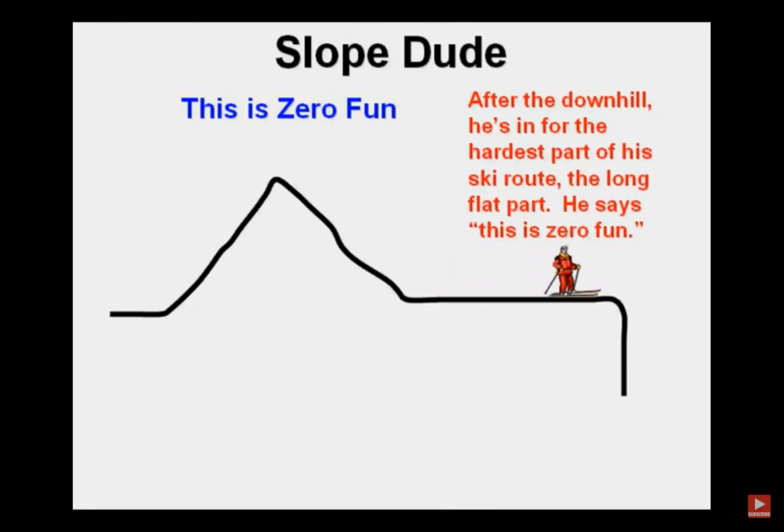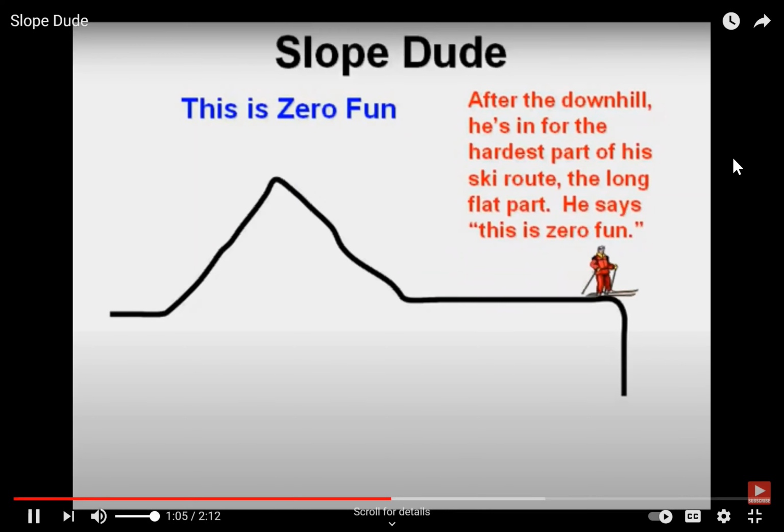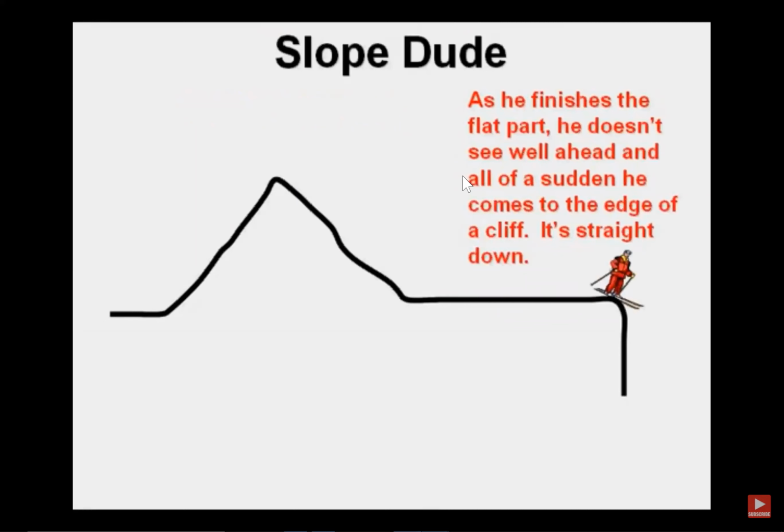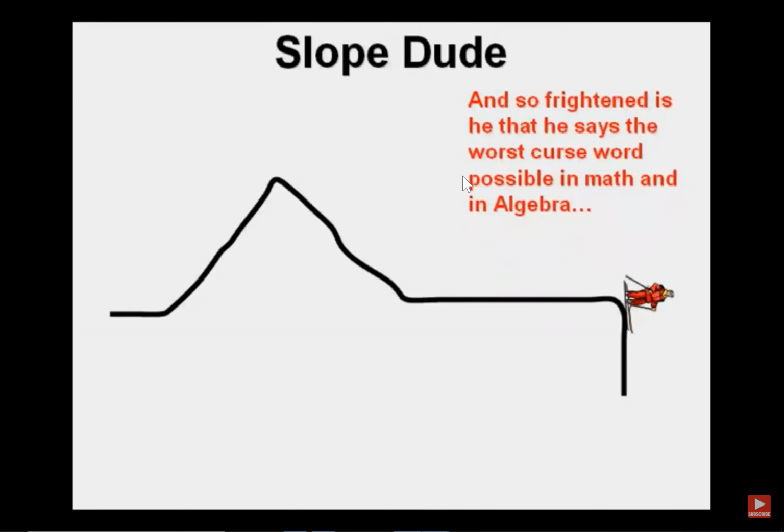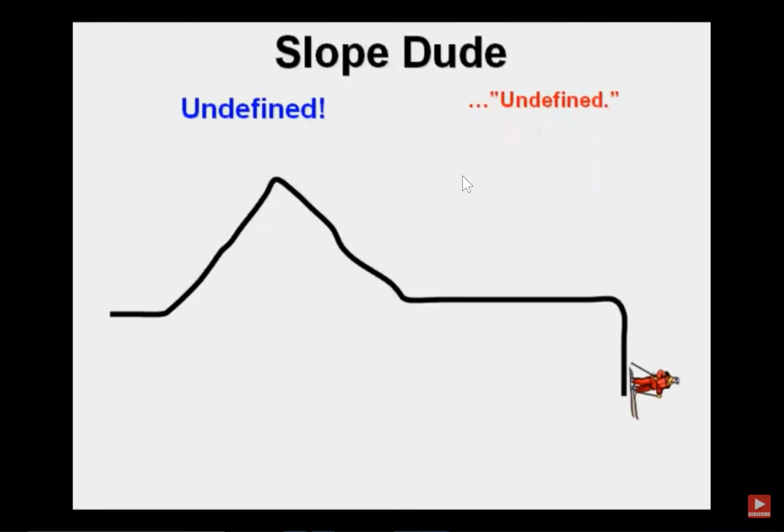This is zero fun. This is zero fun. And as he finishes the flat part, he doesn't see well ahead. And all of a sudden, he comes to the edge of a cliff. It's straight down. So frightened is he that he says the worst curse word possible in math and in algebra. Undefined.